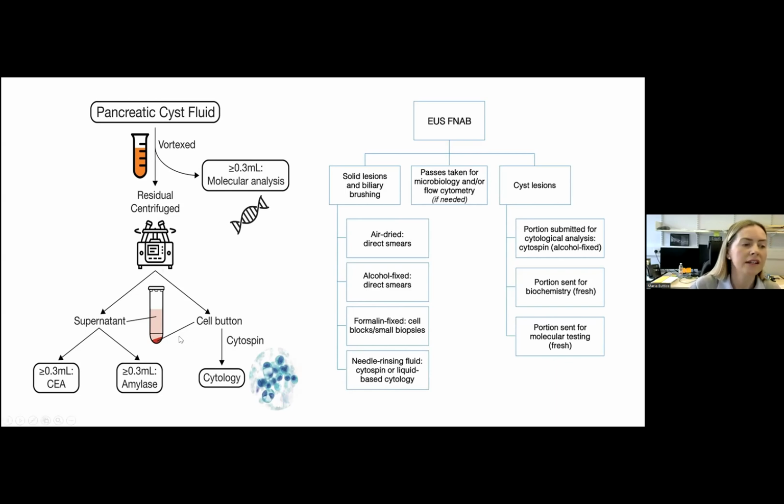But it is the addition of other ancillary testing, so for example, the biochemical markers, CEA and amylase, in addition to some molecular analysis, that will allow you, in conjunction, to be able to make a diagnosis of the nature of the cyst. And there's a flow chart which I can go through in a bit more detail later.